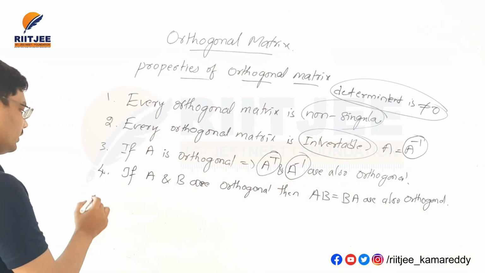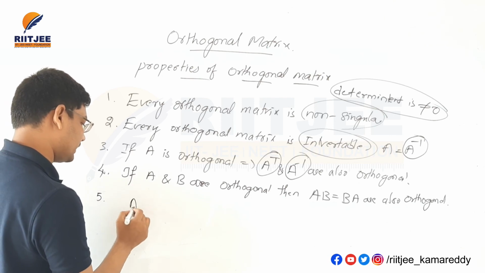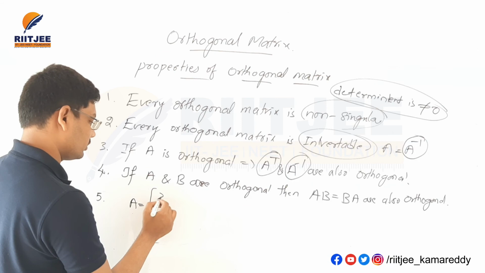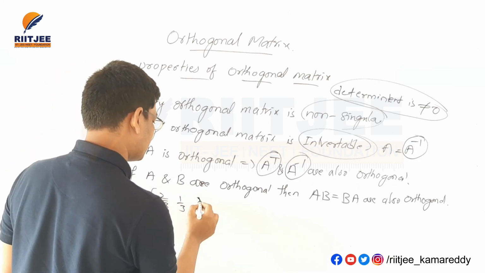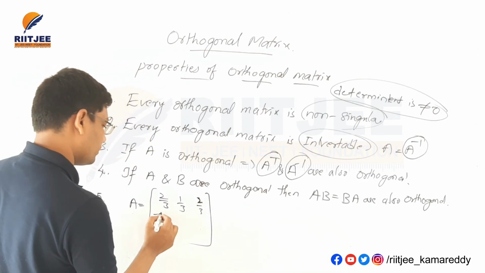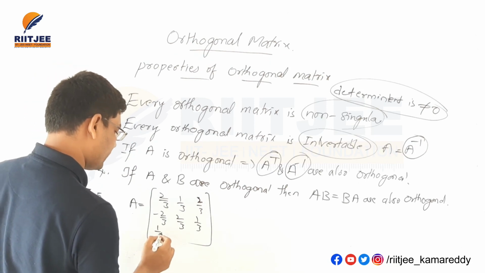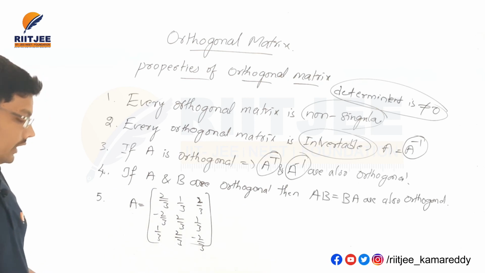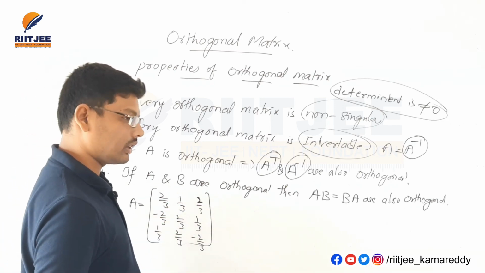Next, let me take a matrix A, like the previous question: first row 2 by 3, 1 by 3, 2 by 3; second row minus 2 by 3, 2 by 3, 1 by 3; third row 1 by 3, 2 by 3, minus 2 by 3. Here the fifth property is the sum of squares of any row or column is equal to 1.